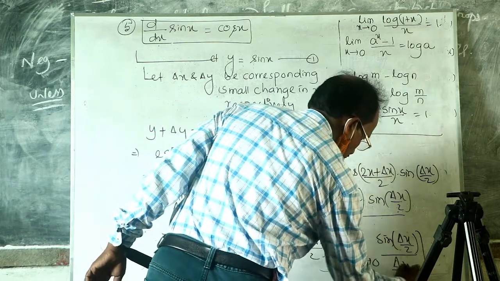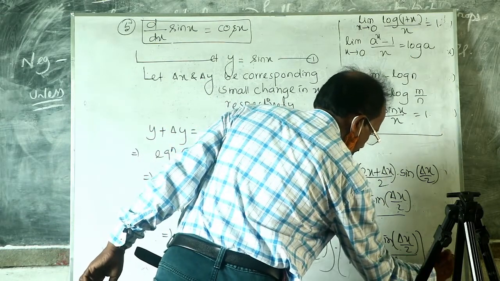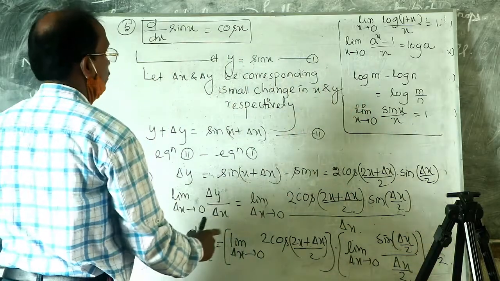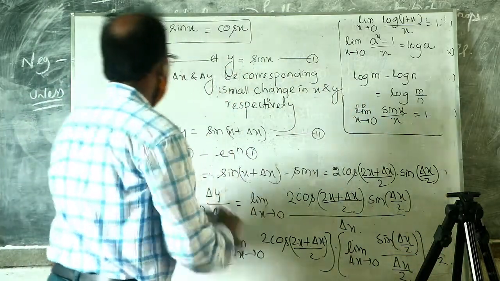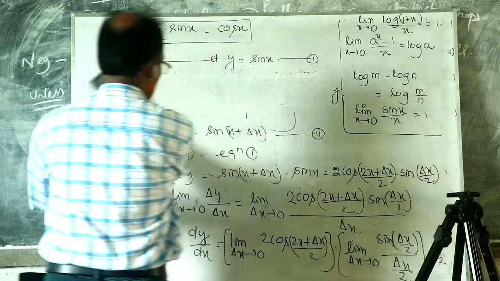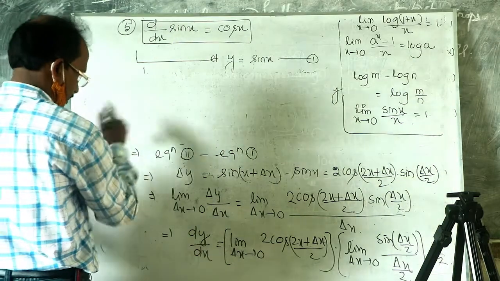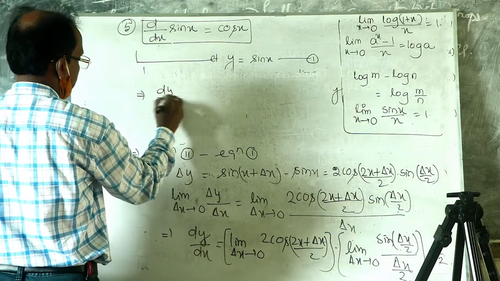So dividing by half and multiplying by half, whose value is equal to how much?